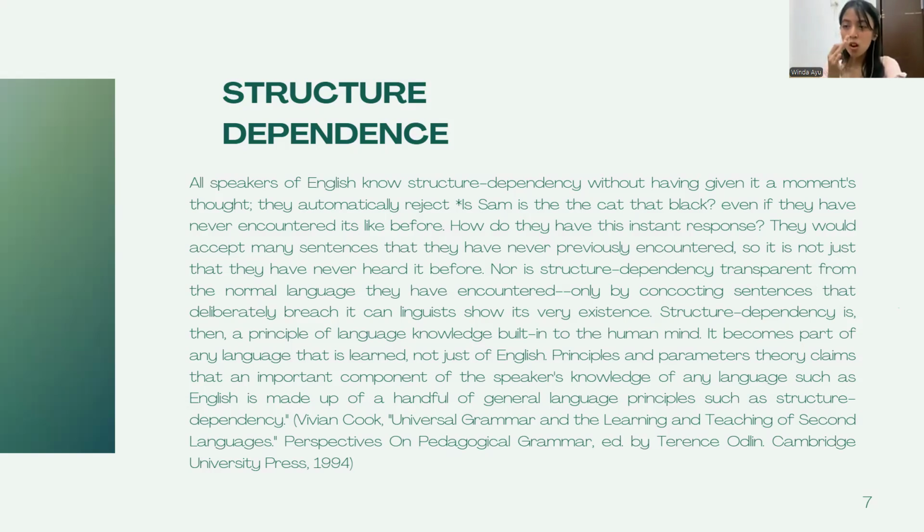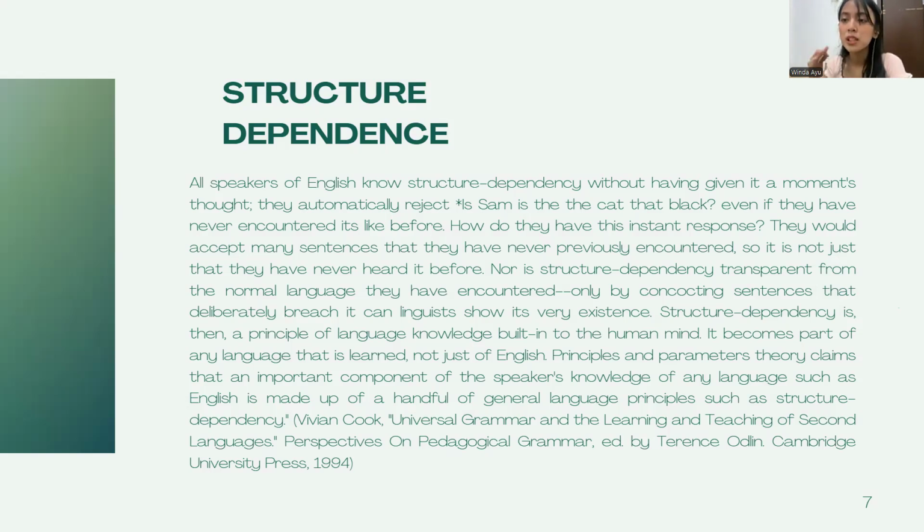Only by concocting sentences that deliberately breach it can linguists show its very existence. Structure dependency is then a principle of language knowledge built into the human mind. It becomes part of any language that is learned, not just of English.